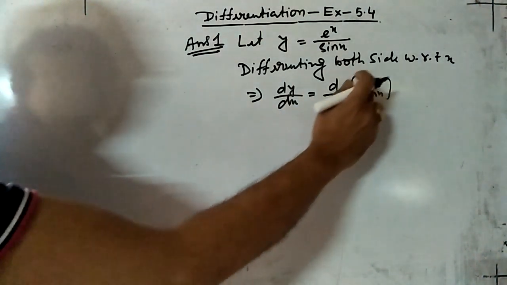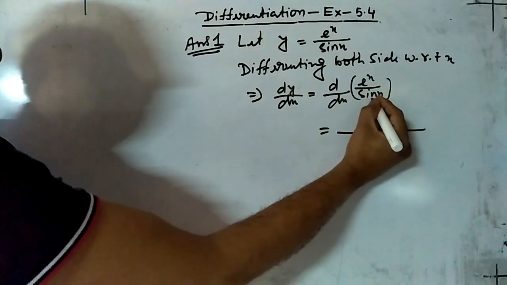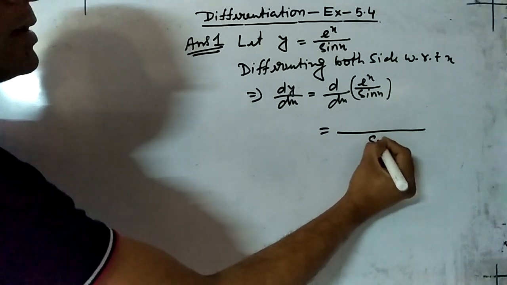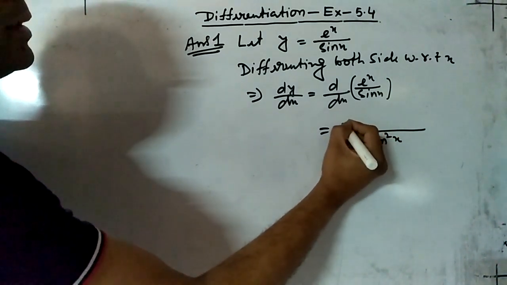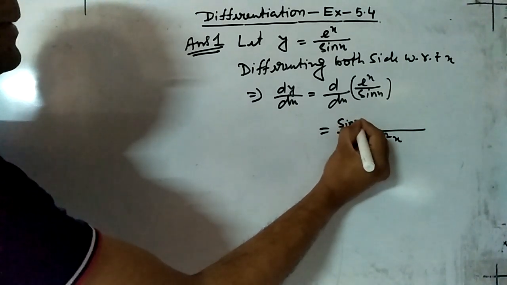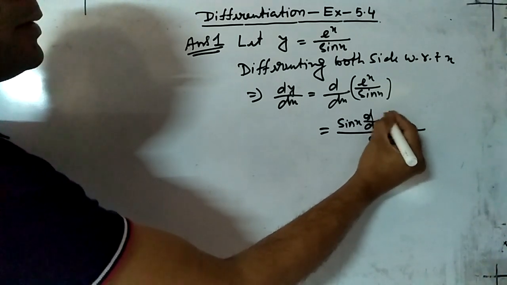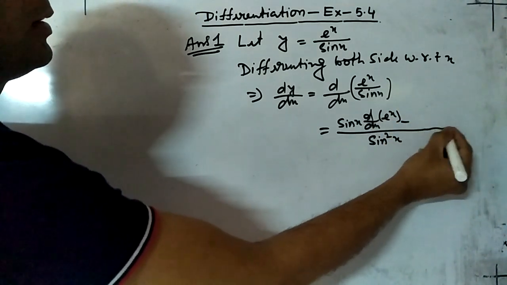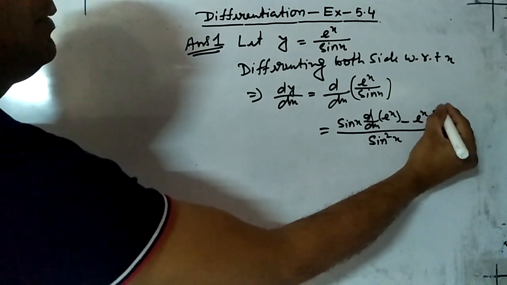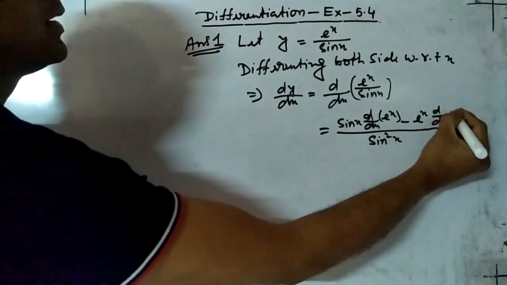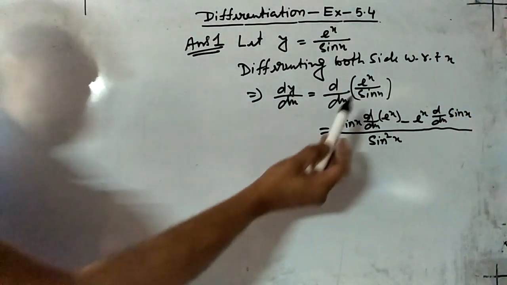According to quotient rule, u by v, in denominator it will be v square. v is sin x, so its square is sin square x. Now v unchanged, that is sin x unchanged, derivative of e to the power x, minus u unchanged, e to the power x, derivative of sin x. Understood?